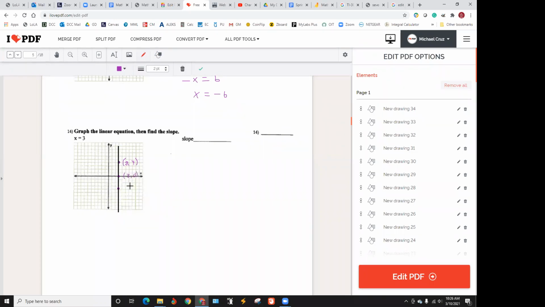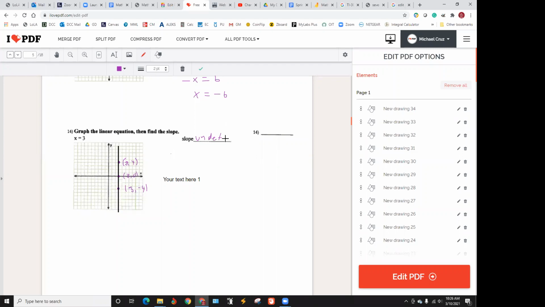See, the y is changing, but the x never changes. So that's why we say that x is equal to 3. All right, and then the slope for this is undefined. Vertical line is undefined.